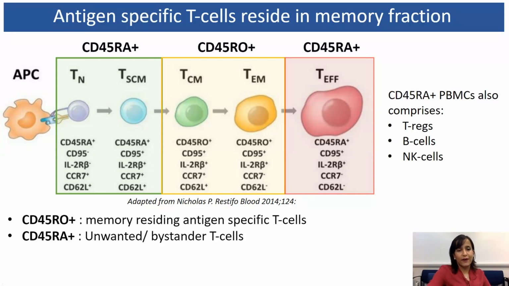However, CD45RA positive PBMCs also comprise regulatory T cells, B cells, and NK cells, which are also not the cells that we want in our culture when we're generating T cells for our patients.